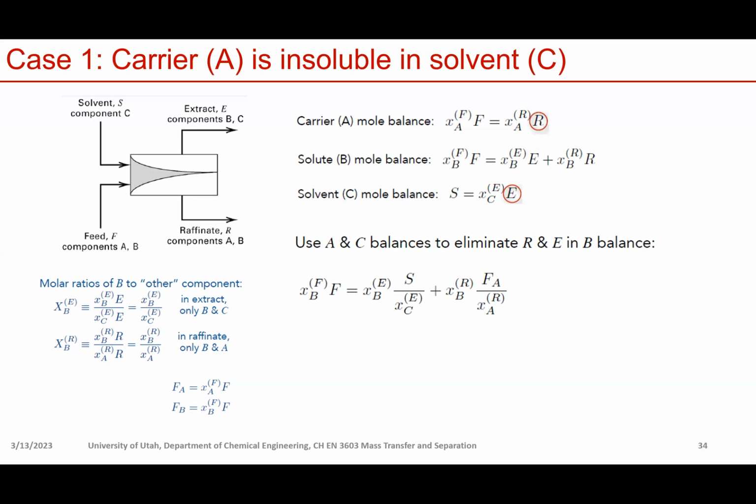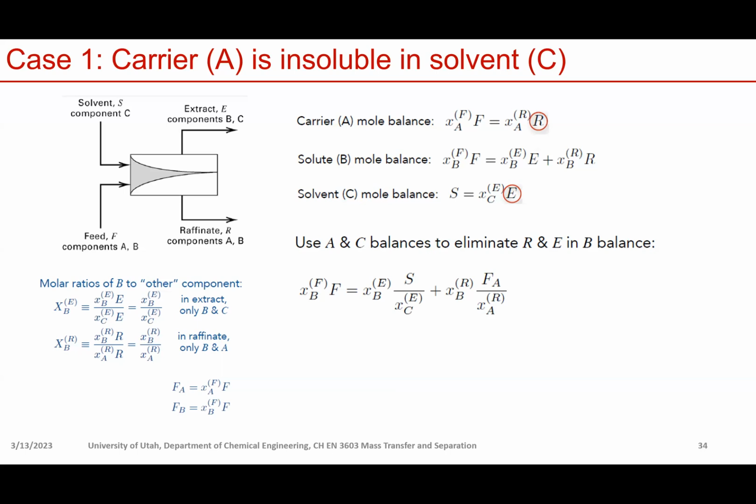Similarly, we can do the same for B: F_B equals X_B^F multiplied by F, the mole fraction of B in the feed stream multiplied by the feed flow rate. That gives us the flow rate of B in the feed stream. The reason we do this is just to make this equation look a little neater, and it will be convenient, as we will see later.